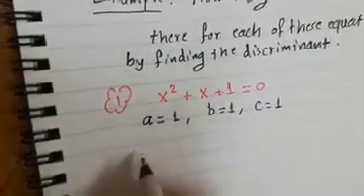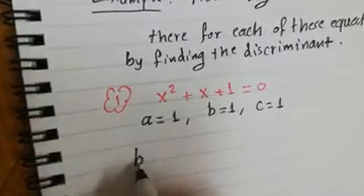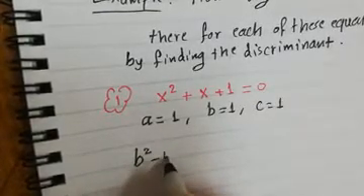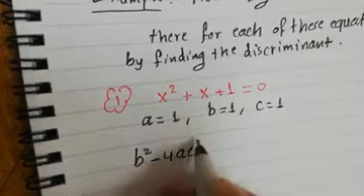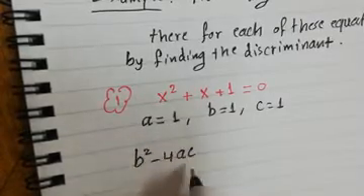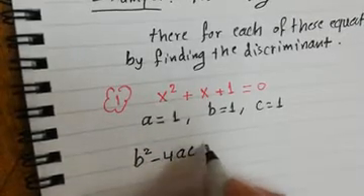Now find the discriminant, which is B squared minus 4AC. You have to memorize this expression. It's called the discriminant.